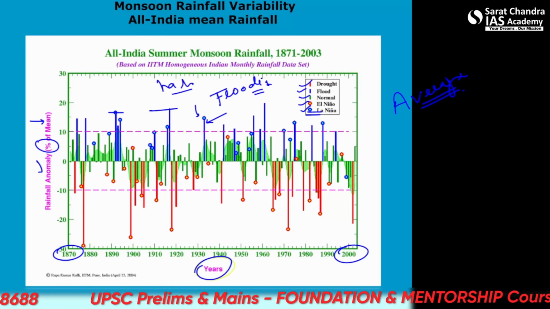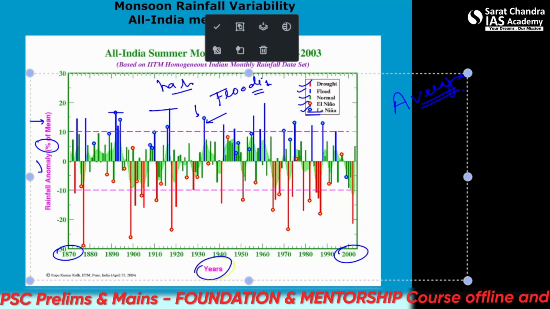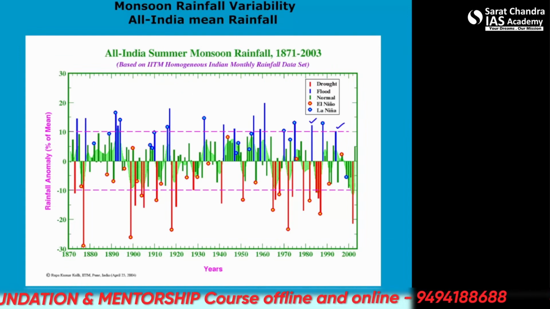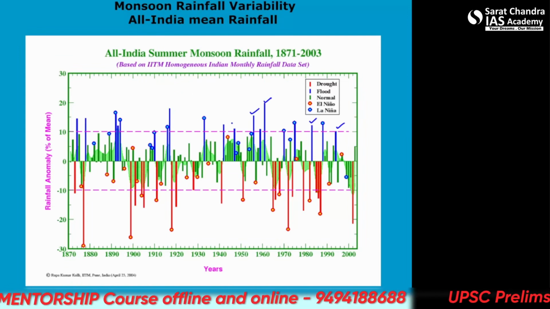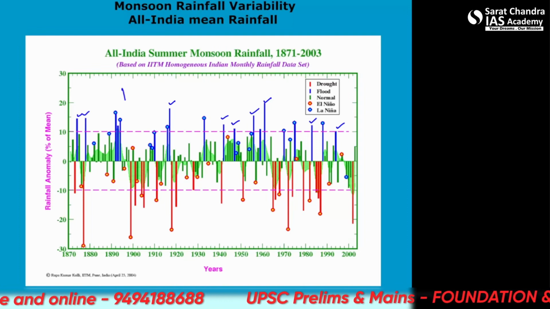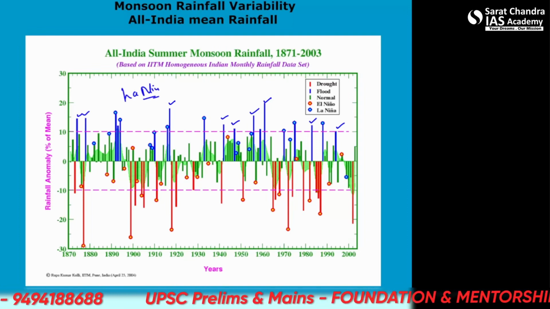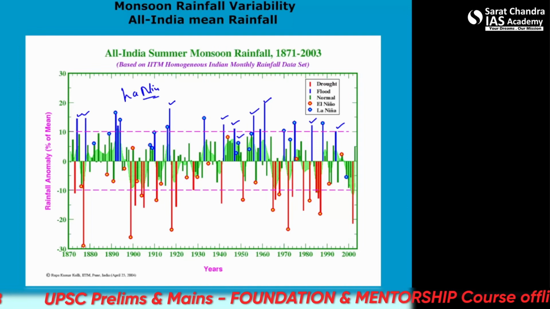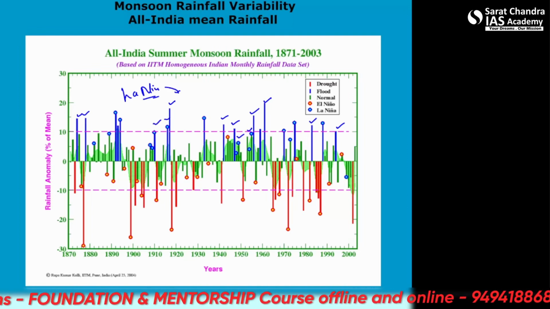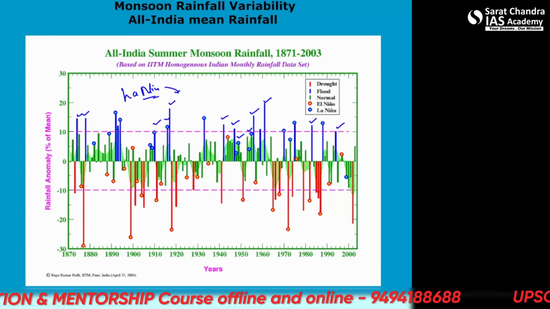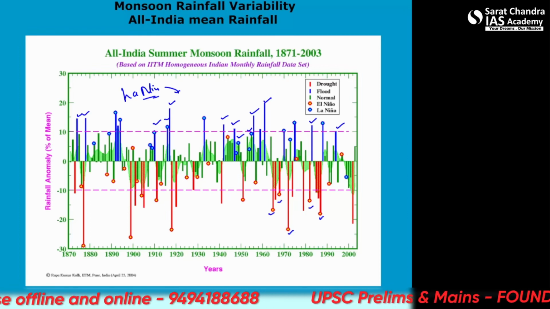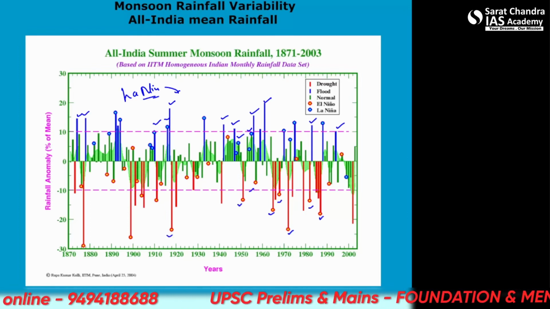Only a few such events are without the circle, such as this, but are often followed by years which have La Nina events. So we can see that La Nina is often associated with high rainfall in India. And on the contrary, the El Nino events, such as these, will always bring a drought.